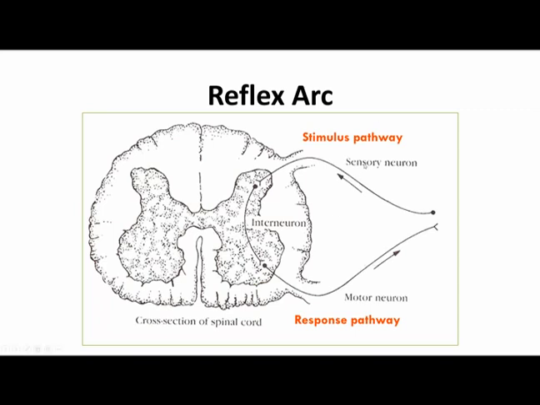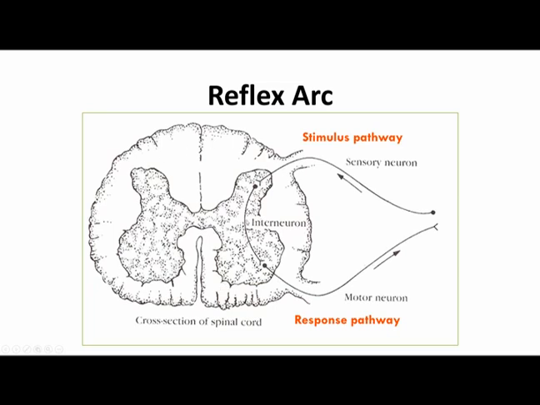So we have our sensory neuron that's coming in from some kind of sensory receptor, whether that be a temperature sensor on our hand, or a pressure sensor in our skin somewhere, or whatever kind of sensor that's bringing in information that's going to travel into our central nervous system. So this is our spinal cord.